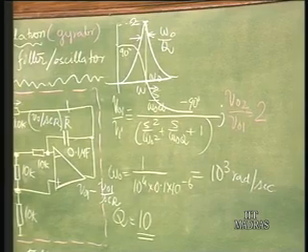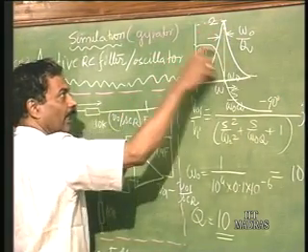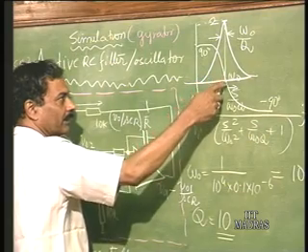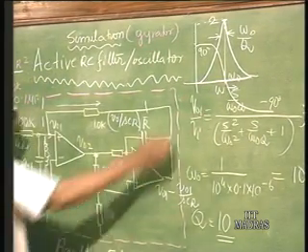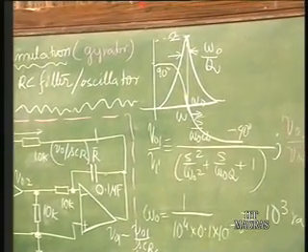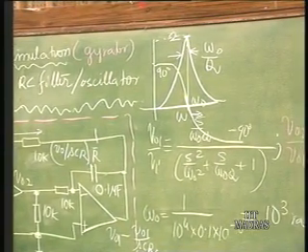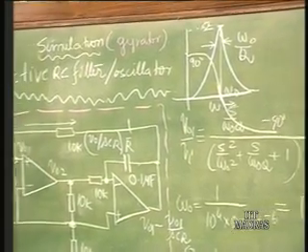So, this is the characteristic of a band pass filter. Magnitude will peak at this, and phase shift will become 0 at omega naught. Both of this, and phase variation is maximum around omega naught. Okay. So, this particular aspect of the experiment we are going to see just now.